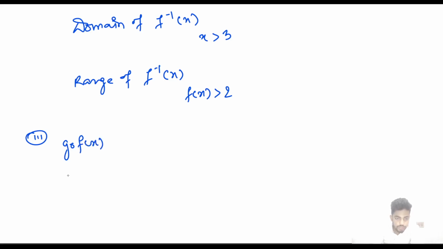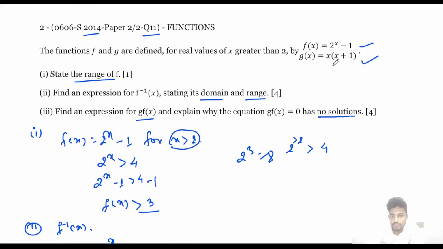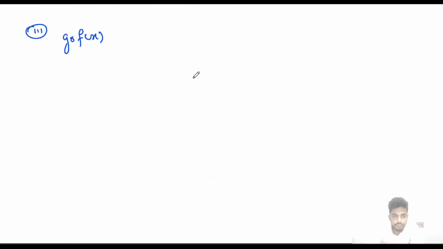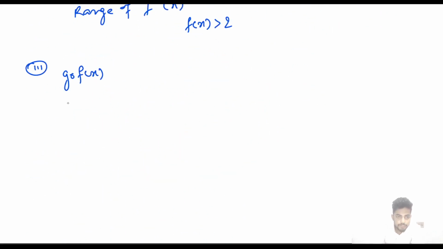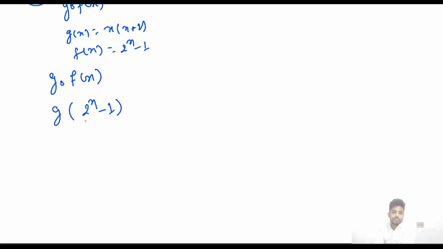So this was question number 2, and the last one is to find g of f(x). Let me see. Here g(x) is x multiplied with (x plus 1), and f(x) is 2^x minus 1. This means first we need to find g of f(x). So g of f(x) is simply: in the function g(x) we put 2^x minus 1 in the place of x.